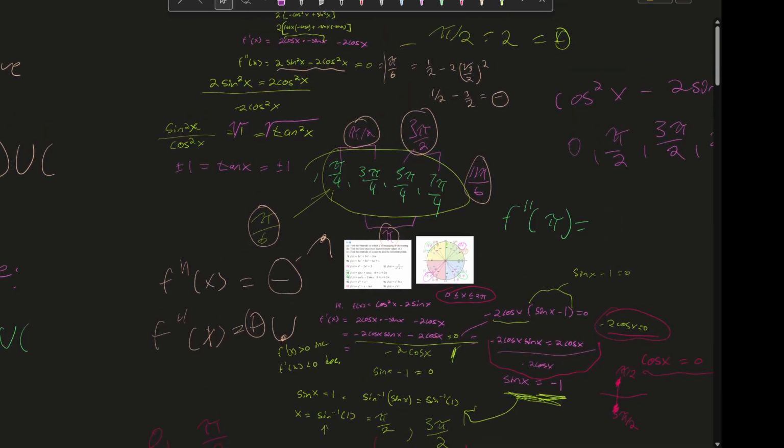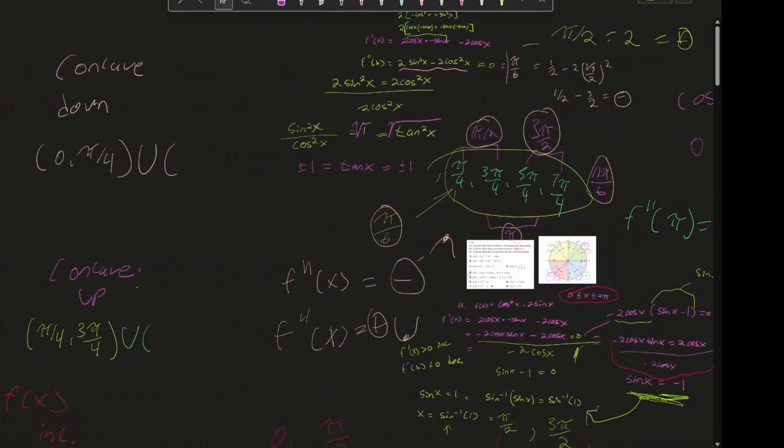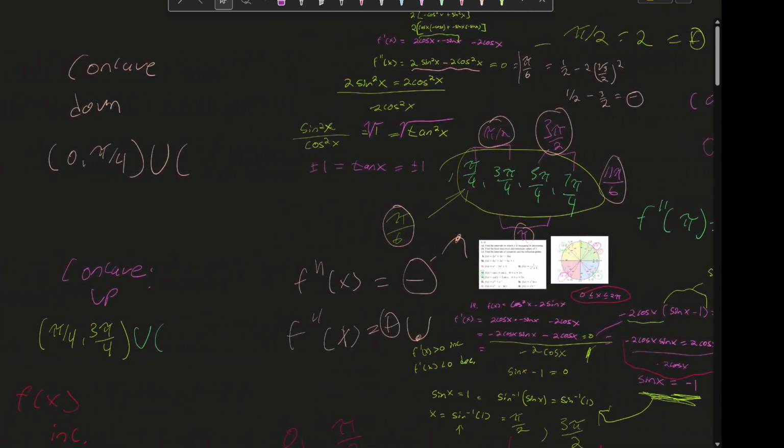Sine of pi is 0, squared times 2 is 0, minus 2 times cosine of pi squared. Cosine of pi is -1, squared is 1, times -2 is -2. So another negative, joining the concave down set. That interval was 3 pi over 4 to 5 pi over 4.